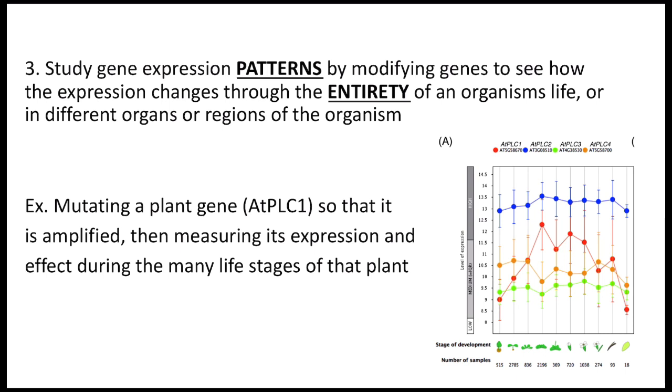So we see that the gene is being expressed more as a child or baby than as an adult in a sort of tapering off pattern. So this use of GMOs basically allows us to get more information about different organisms and when different genes are actually being expressed, because some will be turned on or off with age.